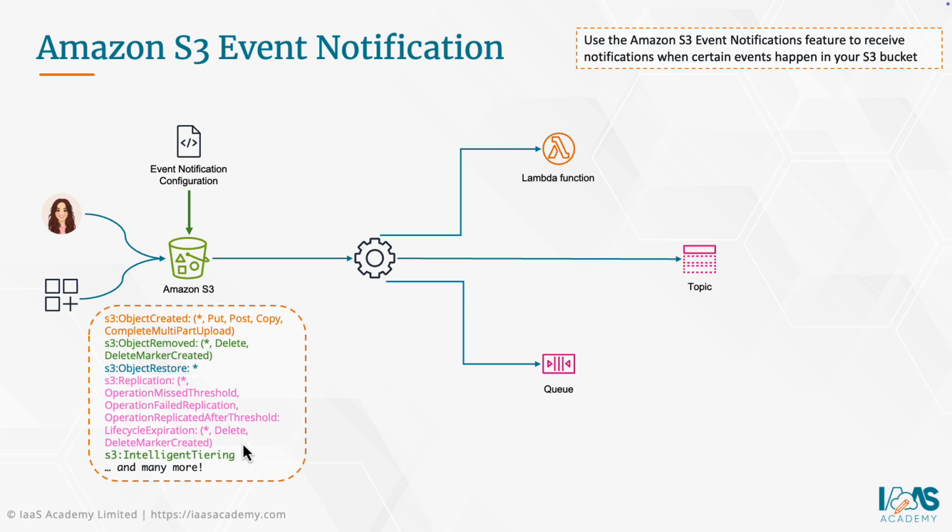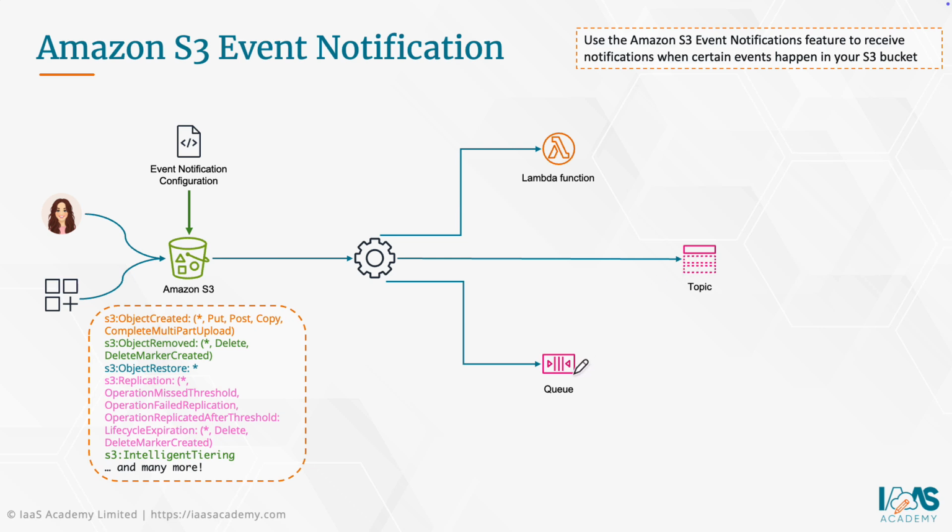We'll be talking about these services in other videos, but essentially you can send a notification to a Lambda function, which can provide compute services to react to that notification in some way. You can send a notification to an SNS topic, which could send out a notification as an email, or perhaps send a notification to an application.